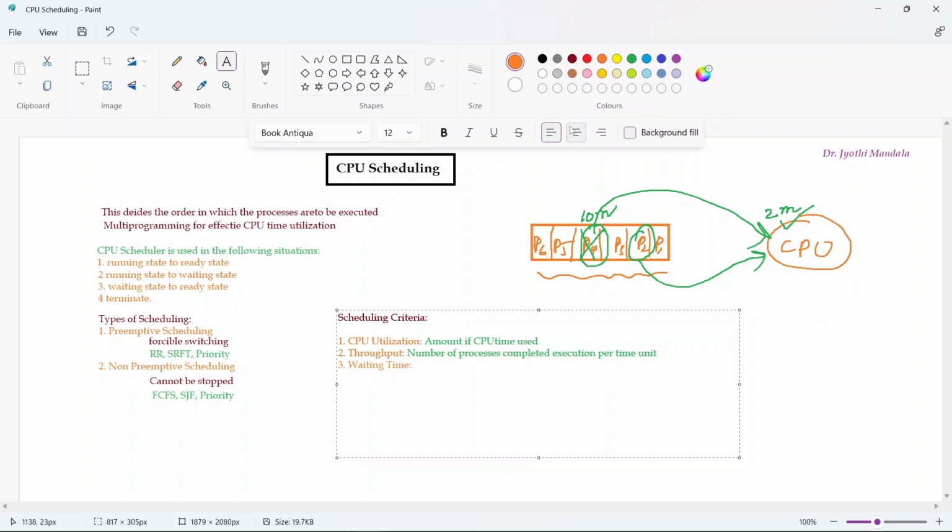Just make a note, all of you: how much time a process waits in the ready queue for its execution, or for its chance to get the CPU time, or to complete its execution.